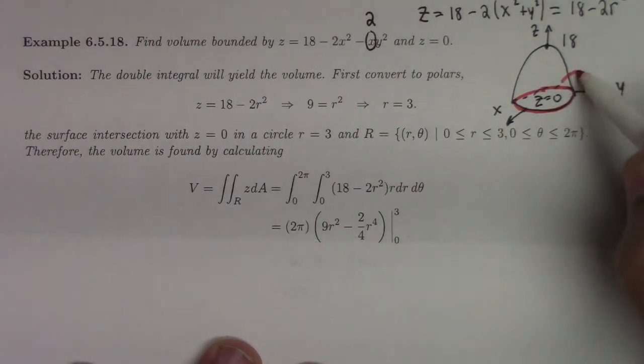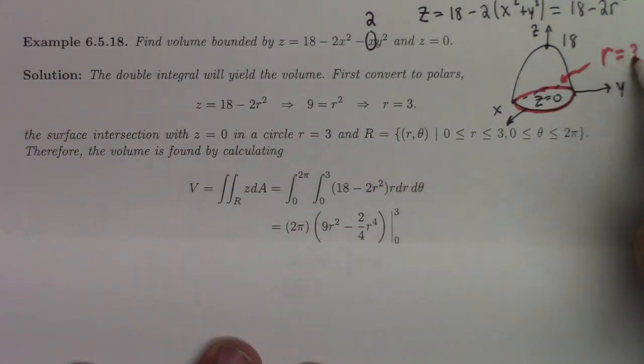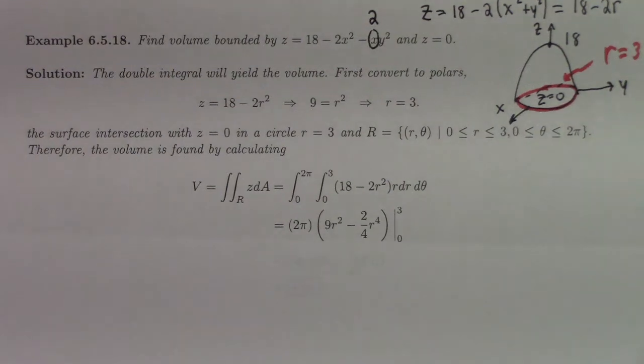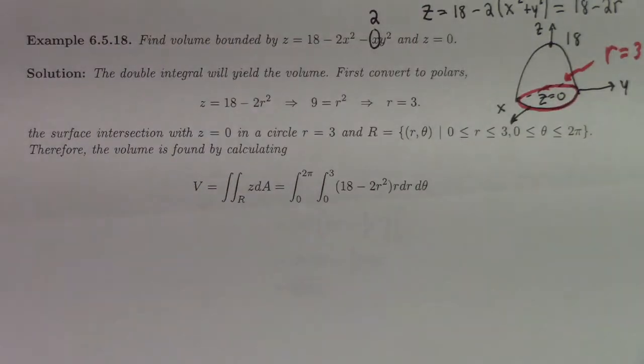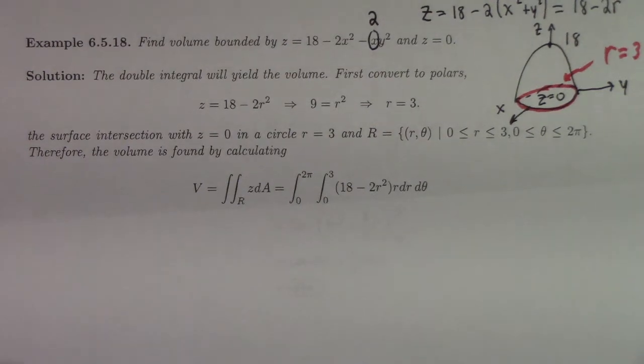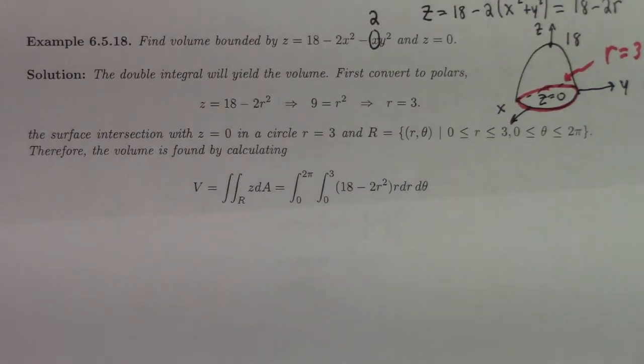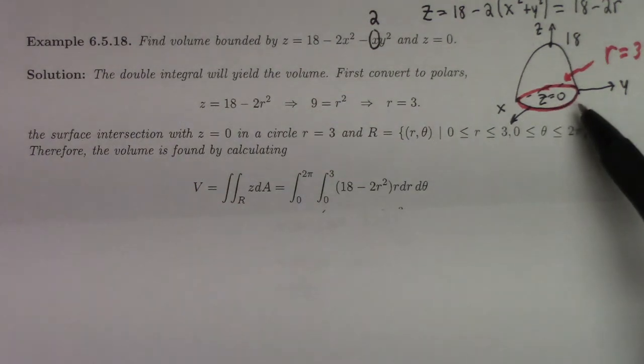So the equation of the circle is just r equals to 3. All right, and great. So in terms of polar coordinates, then we have, well, we go all the way around, right? 0 to 2 pi, and from 0 to 3 for r.